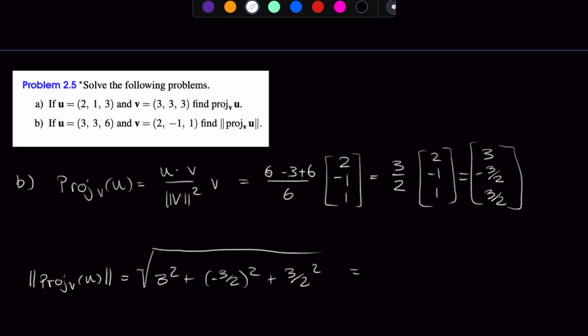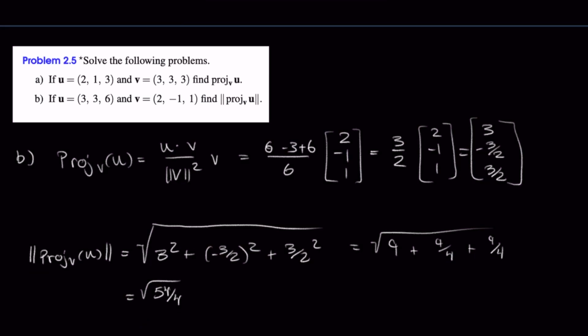Okay, so what do we have? 9 over 4, which equals 54 over 4, all square root, is our magnitude of the projection.